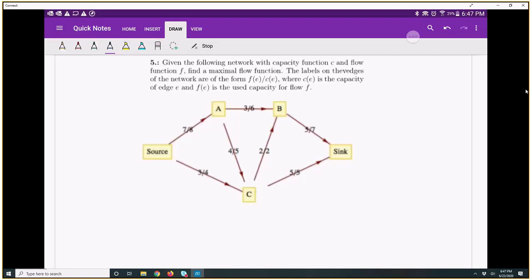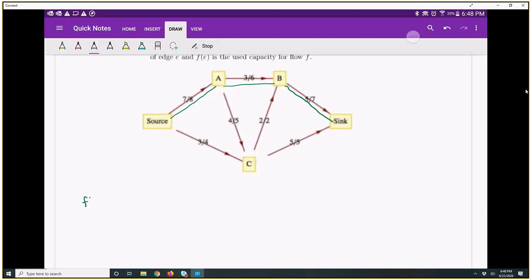So if I look at S to A, source to A, I can see that I should be able to add one here. And from A to B, it looks like I have room to add one, and from B to sink, it looks like I can add one. So this is a flow augmenting path: source to A to B to sink. It's one possibility.